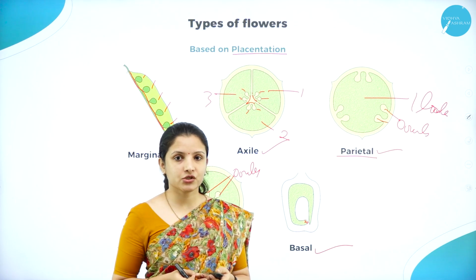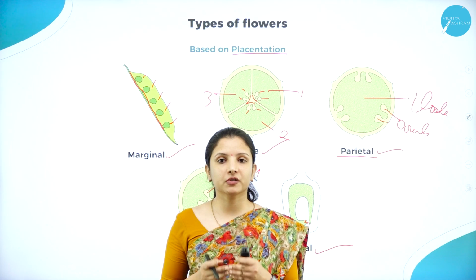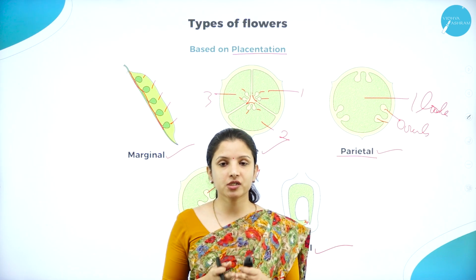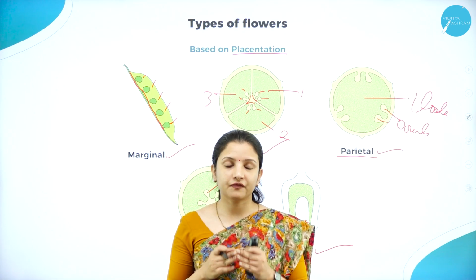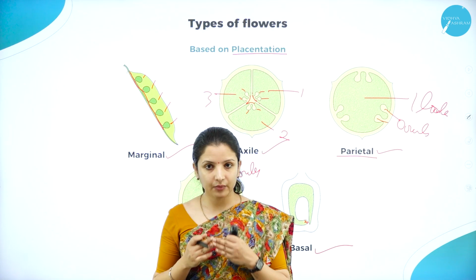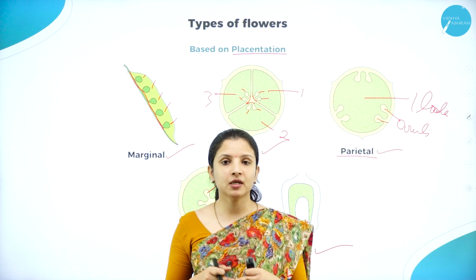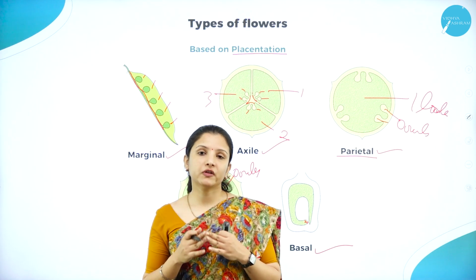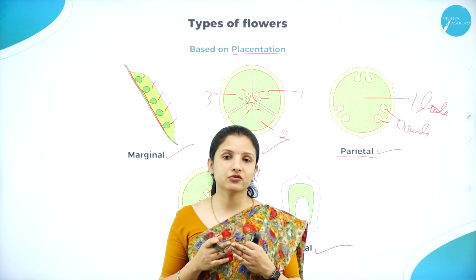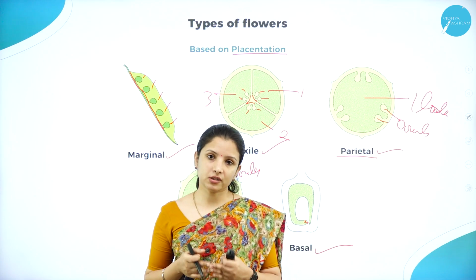So in today's session, we mainly concentrated on the reproductive parts of the flower, that is the gynoecium and the androecium. First we studied the different parts of the androecium made up of the stamen. The stamen consists of the anther and the filament. Then we studied how, based on the position of the filament, they are classified into different forms and also based on the anthers, they are also classified.